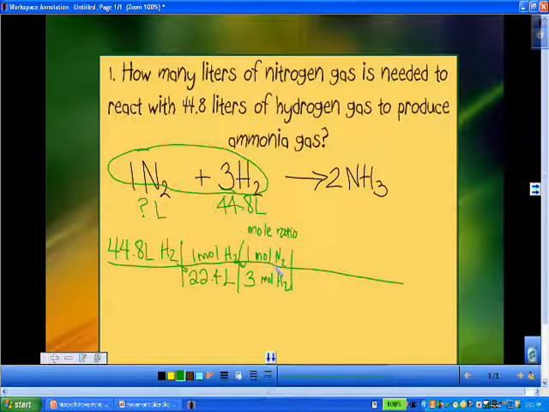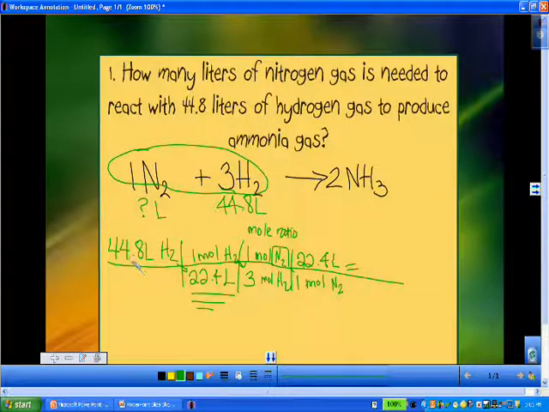So now that we have nitrogen, we can make an easy conversion to the liters of nitrogen. So we can use that same conversion that we had originally used here. So we know that 1 mole of nitrogen gas is equal to 22.4 liters. Now we are in liters of nitrogen gas.